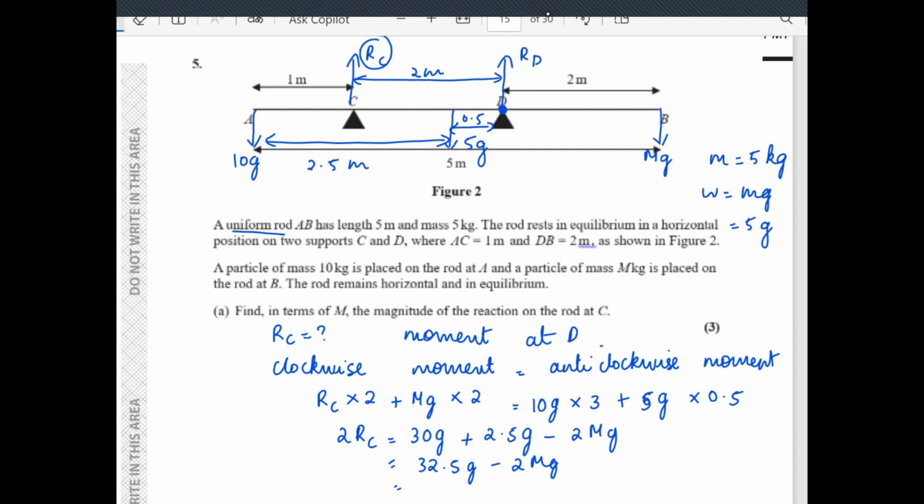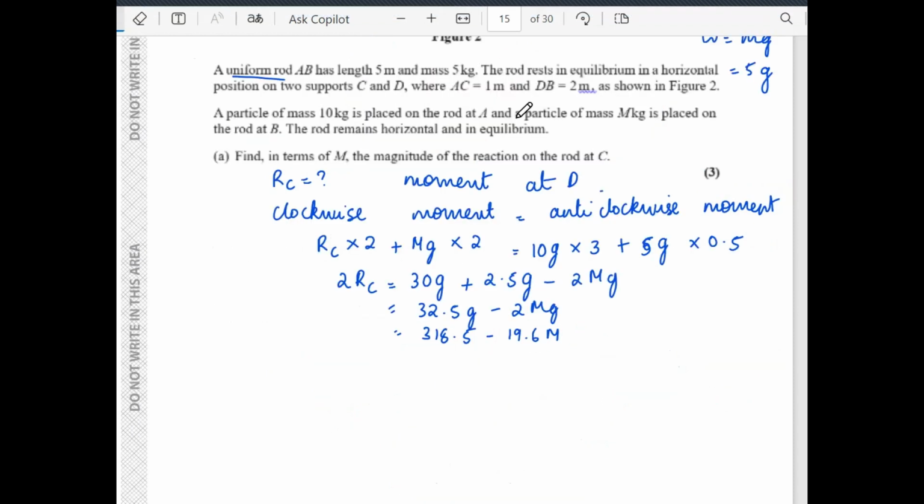So 32.5 into 9.8 will give you 318.5, minus 2 into 9.8, which will give you 19.6m. So 2RC is what we got here, and RC is what we need to find out.